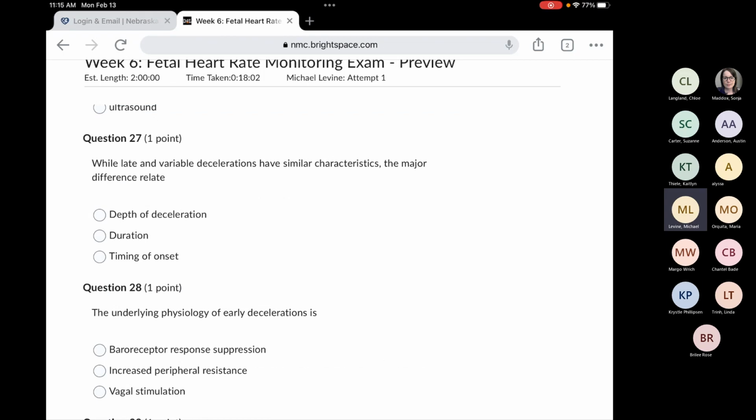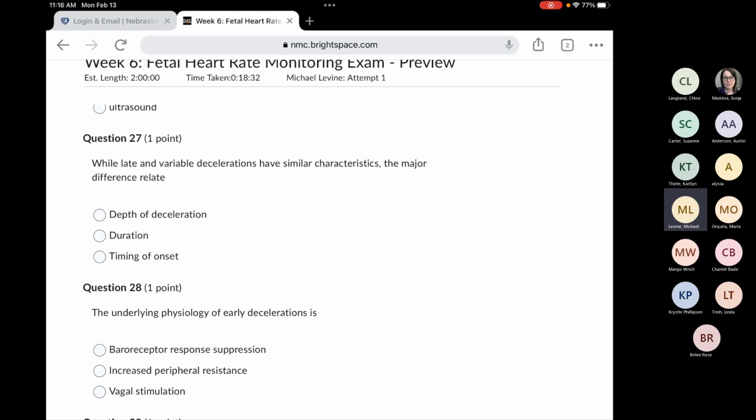Number 27. While late and variable decelerations have similar characteristics, the major difference relates to what? The depth of deceleration, the duration, the timing of onset. So the difference between late and variables, there are a couple of them. One is late is a gradual decline in the fetal heart rate.